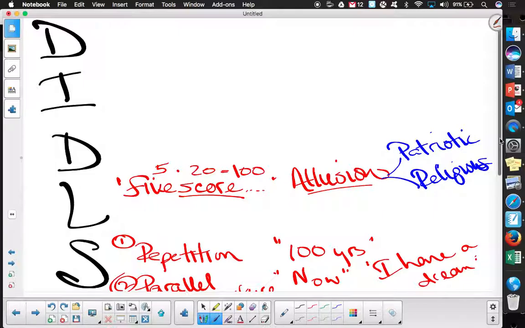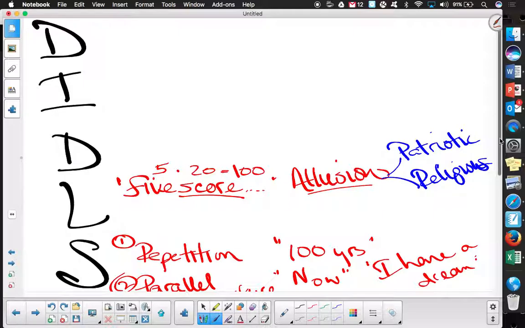In the very last paragraph, 27: when we let freedom ring, when we let it ring from every village and every hamlet, from every state and every city, we'll be able to speed up that day when all of God's children, black men and white men, Jews and Gentiles, Protestants and Catholics, you've got parallel structure with all of those groups, will be able to join hands and sing the words of an old Negro spiritual: free at last, thank God Almighty, we are free at last.